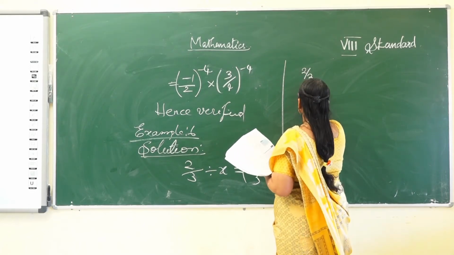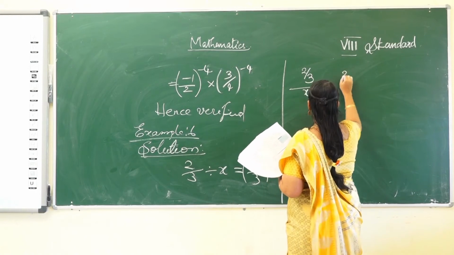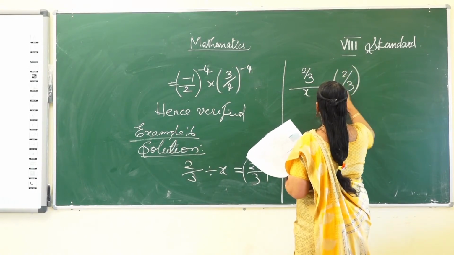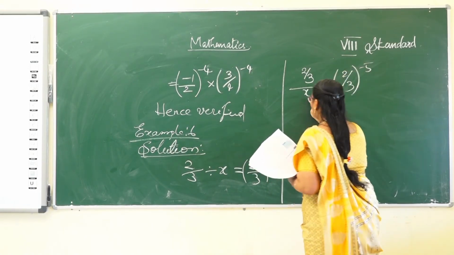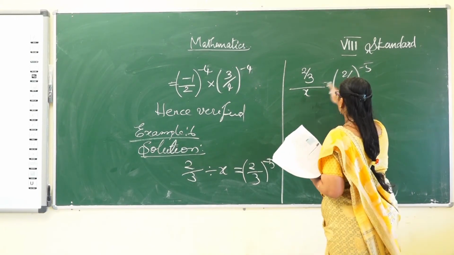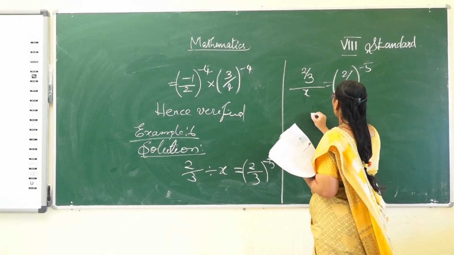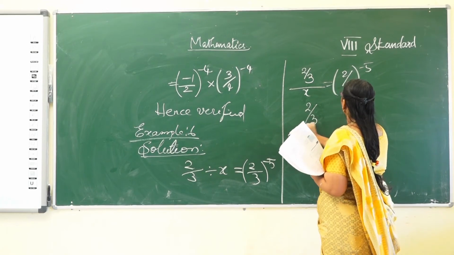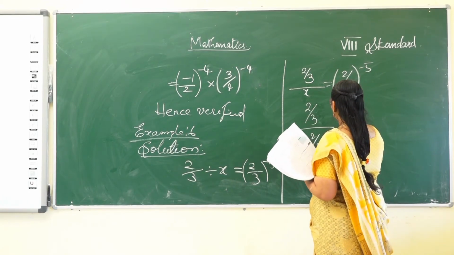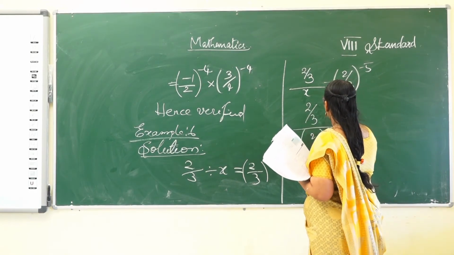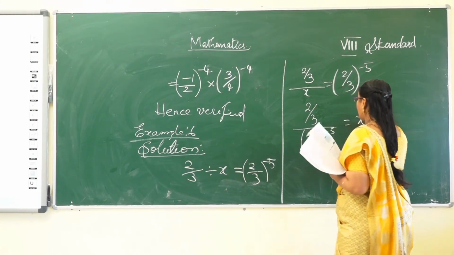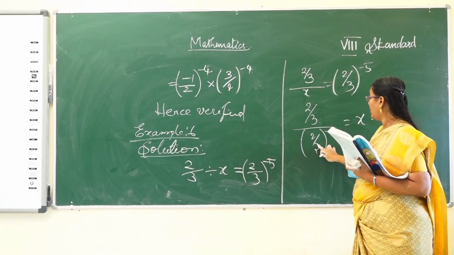So 2 by 3 divided by x is equal to (2 by 3) the whole power of minus 5. Here we find out the value of x only. So this one comes to this side: 2 by 3 divided by (2 by 3) the whole power of minus 5 is equal to x.